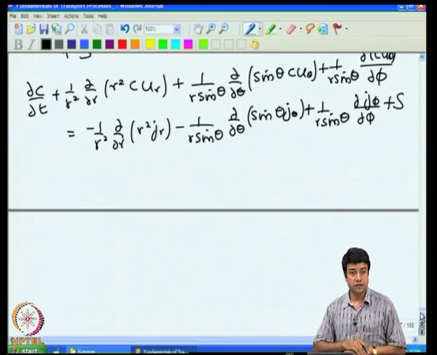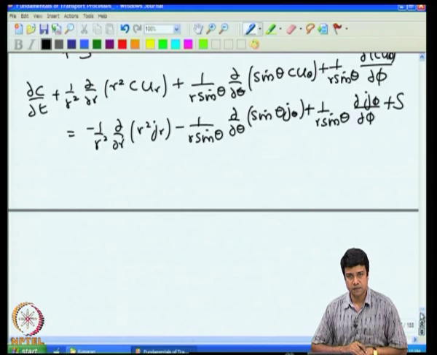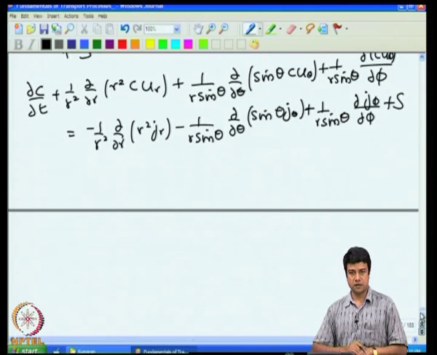And now of course, I have to express the flux in terms of the concentration gradient using Fick's law for diffusion.